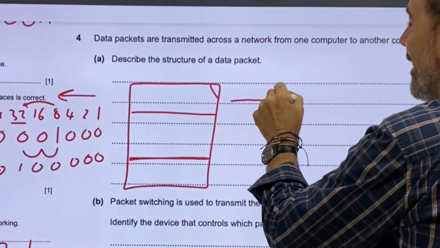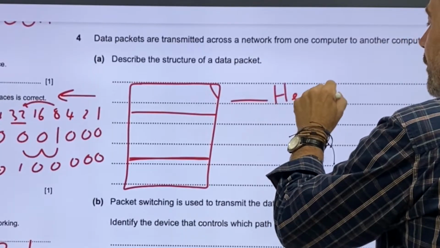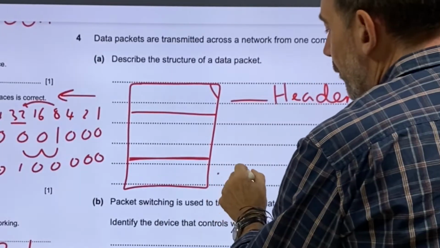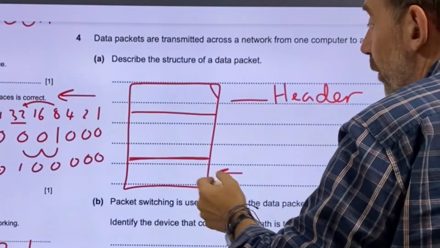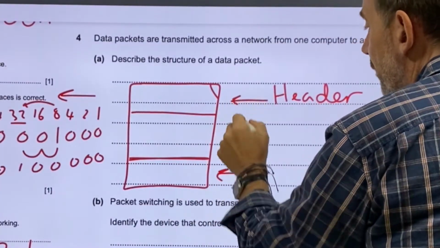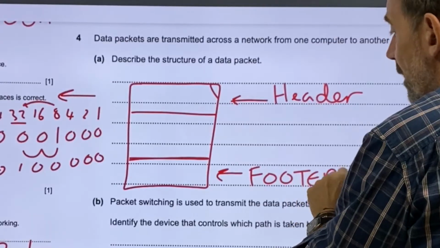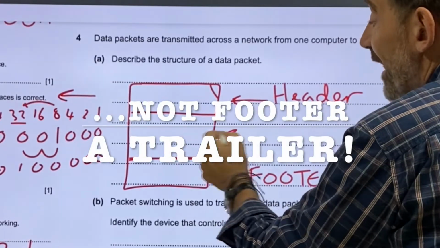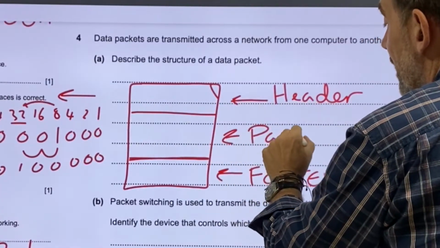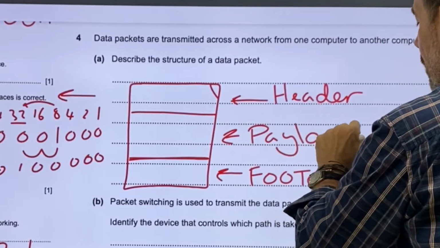The first part is the header. And then we've got the footer, a little bit like a page in a word processing document. Header, footer, and then we've got the data, which is known as the payload.